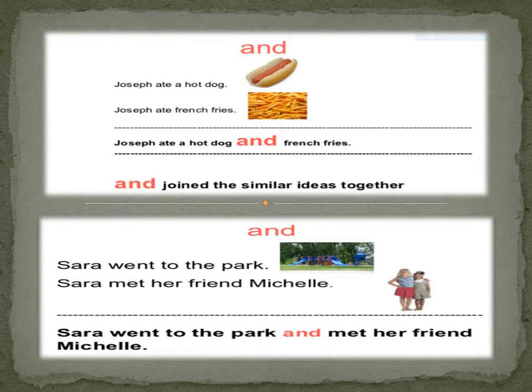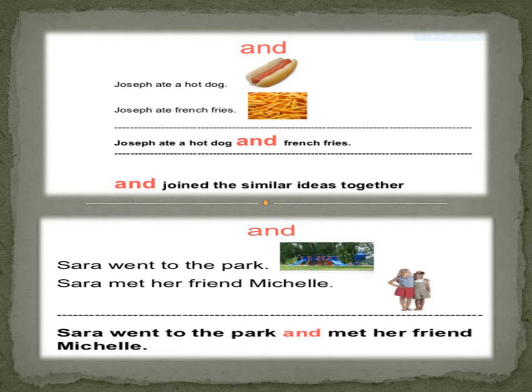Joseph ate French fries. So when we join the sentences using and, it becomes Joseph ate a hot dog and French fries. Because Joseph is eating hot dog as well as French fries. So this is similar and we have used and here.